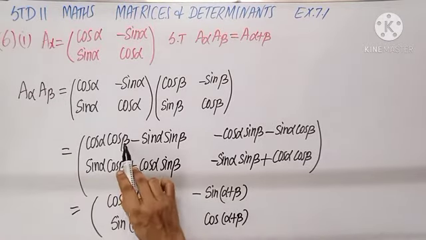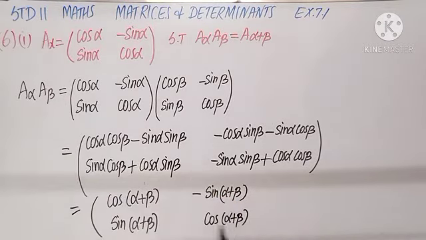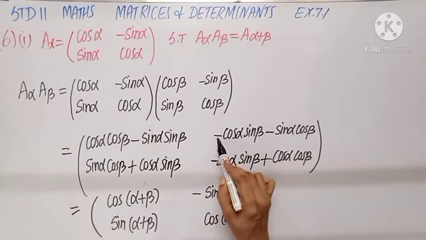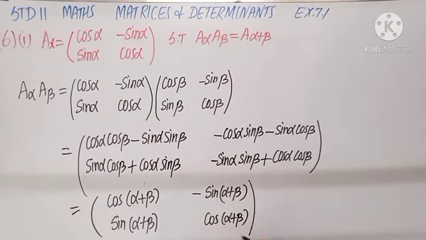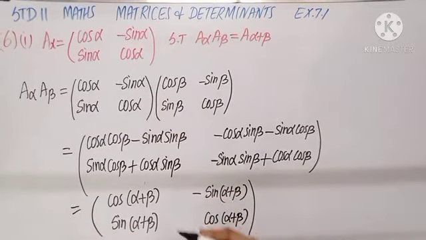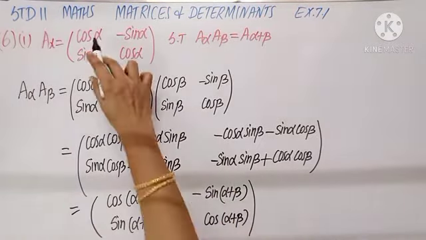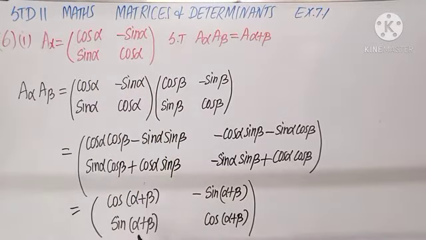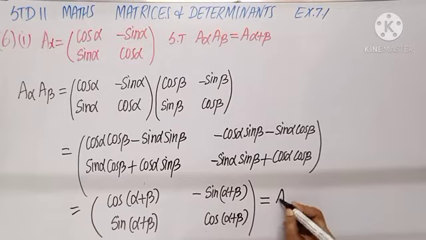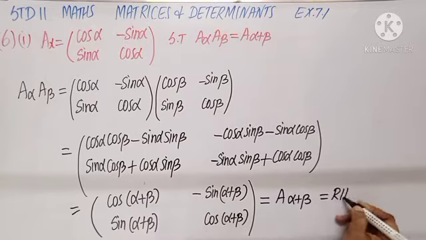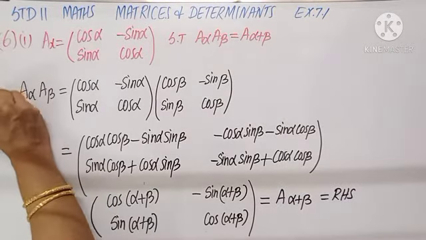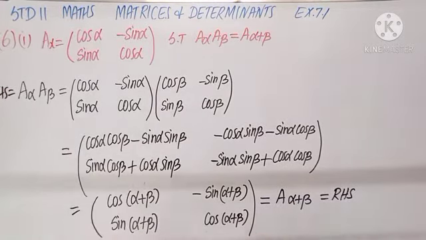We check these two are the same, but the sign alone changes. As I compare with the question, wherever alpha comes, now alpha plus beta is coming. So I can call it A alpha plus beta, and that is the RHS. We started with LHS and have arrived at the RHS.